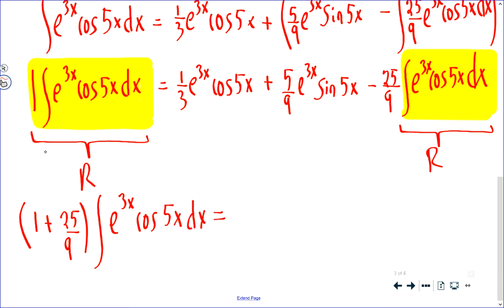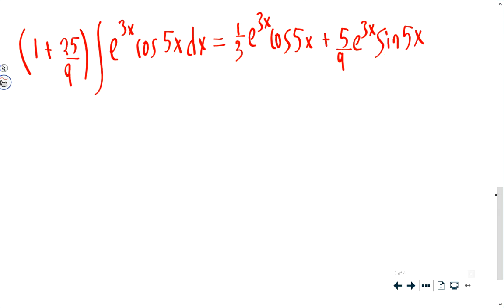And that's going to be equal to 1/3 multiplied by e to the 3x multiplied by cosine of 5x plus 5/9 e to the 3x sine of 5x.